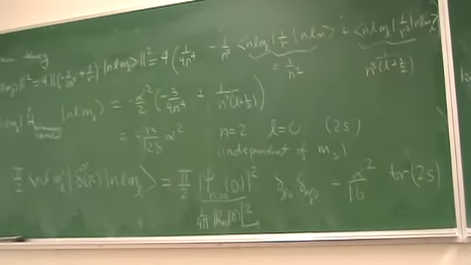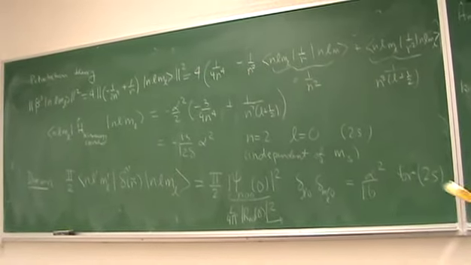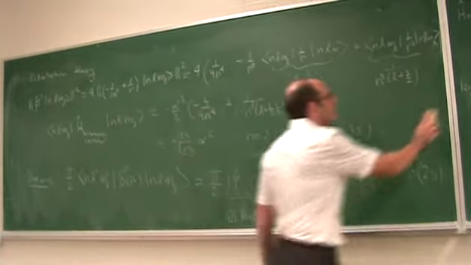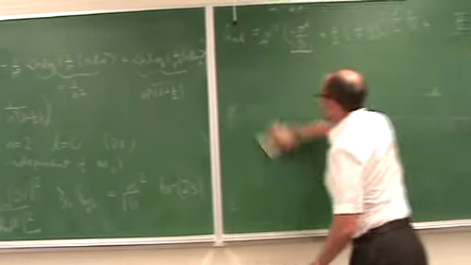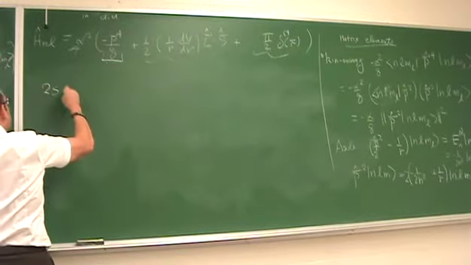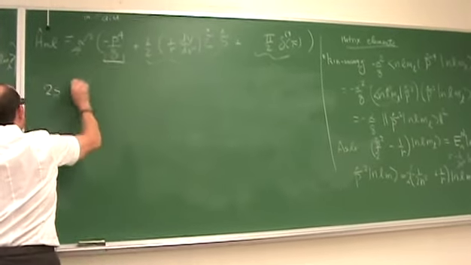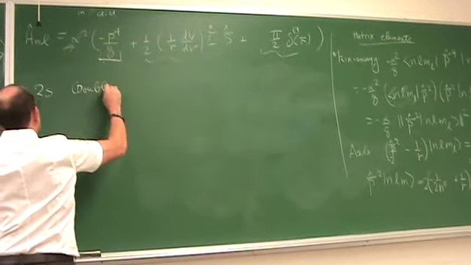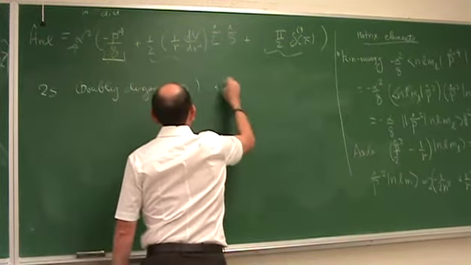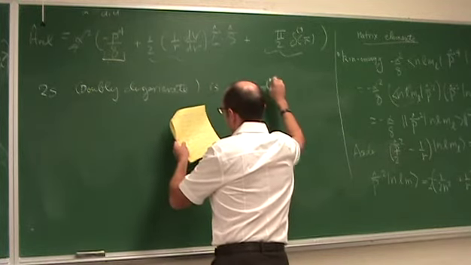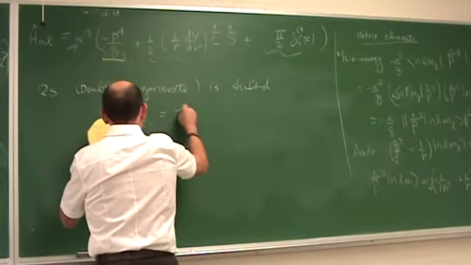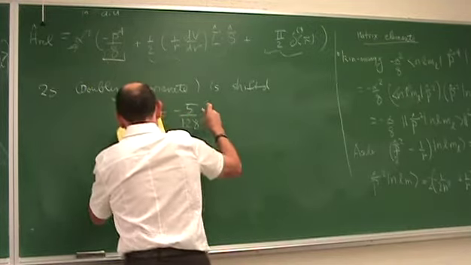Okay, so putting this all together, what we have is the 2s, doubly degenerate, is shifted, and it's shifted by an energy in atomic units of minus 5/8 alpha squared.